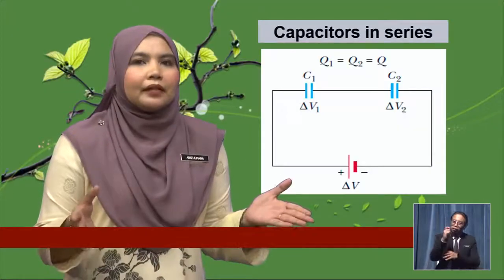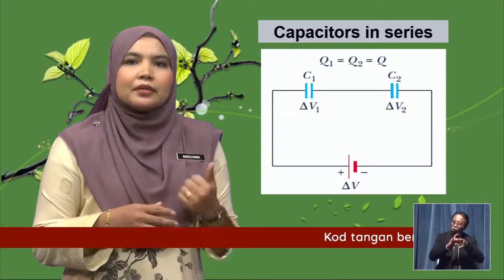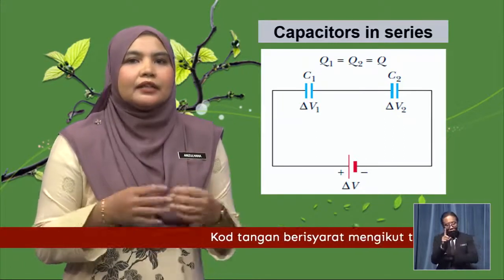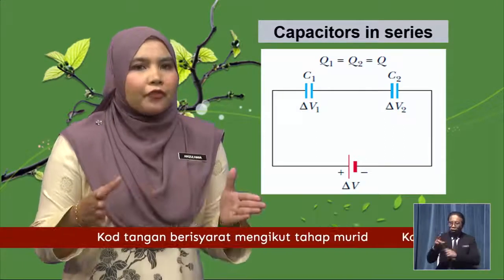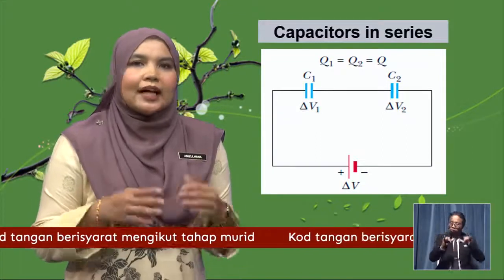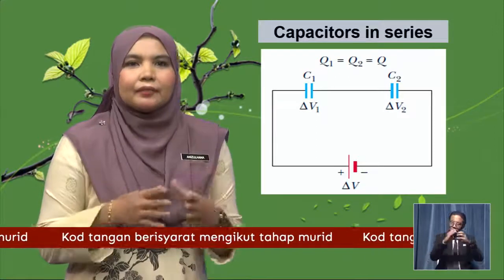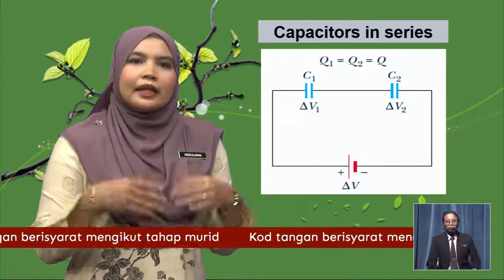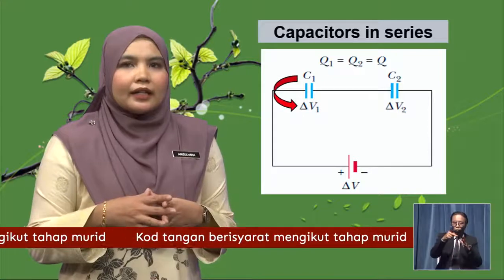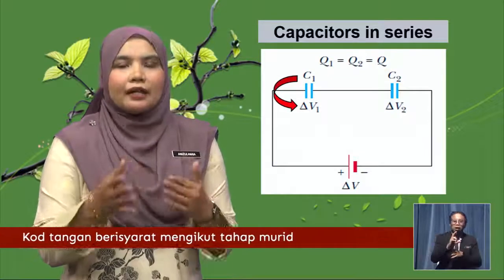The left plate of capacitor 1 and the right plate of capacitor 2 are connected to the terminals of a battery. The other two plates are connected to each other.